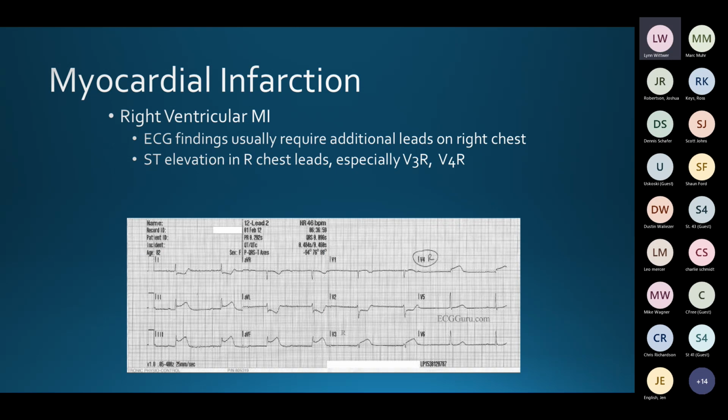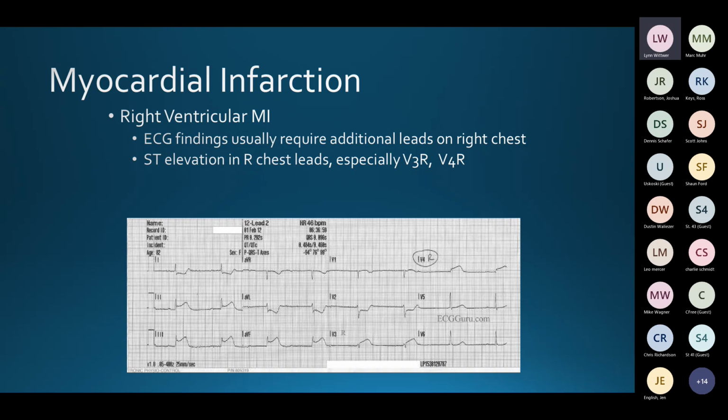Another is right ventricular myocardial infarction. Now, right ventricular myocardial infarctions, in your orders, it will say if you have a STEMI in inferior leads, you do a V3R and a V4R. This is because in a fair number of cases, probably up to half of our inferior MIs, they occur because of occlusion of the right coronary artery.